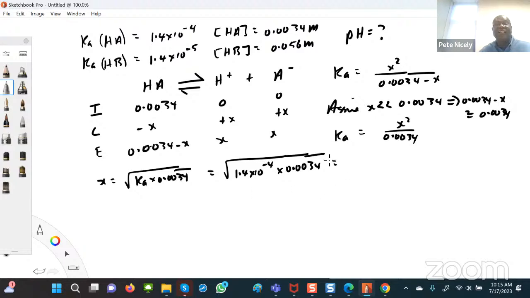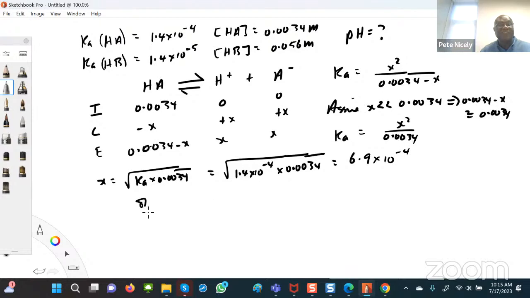So according to my calculations, this works out to be equal to 6.9 times 10 to the minus 4, with 2 sig figs. So now what we have to do is find the percent dissociation.